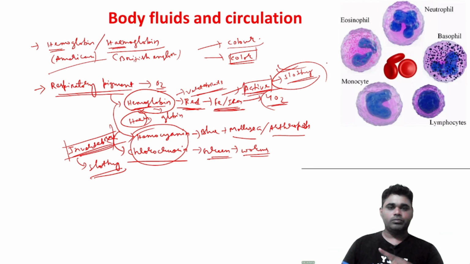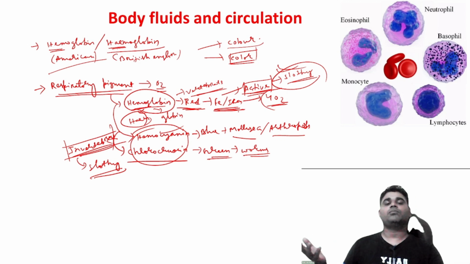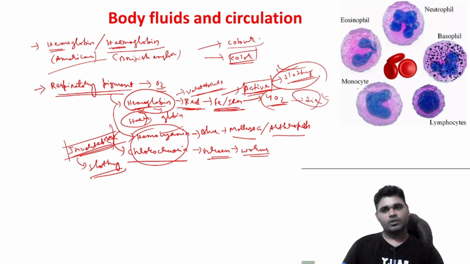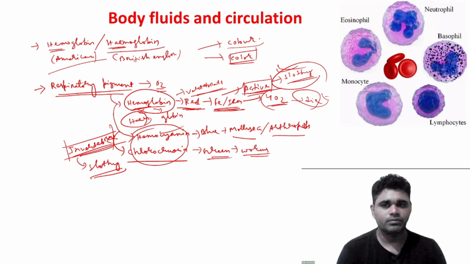Because of hemoglobin only, the body tissues can get oxygen quickly and heavily, but if it is replaced by hemocyanin, then we cannot get oxygen quickly and heavily. So that is why we cannot survive and we will, of course, die. Okay. So these are the main differences between these respiratory pigments.